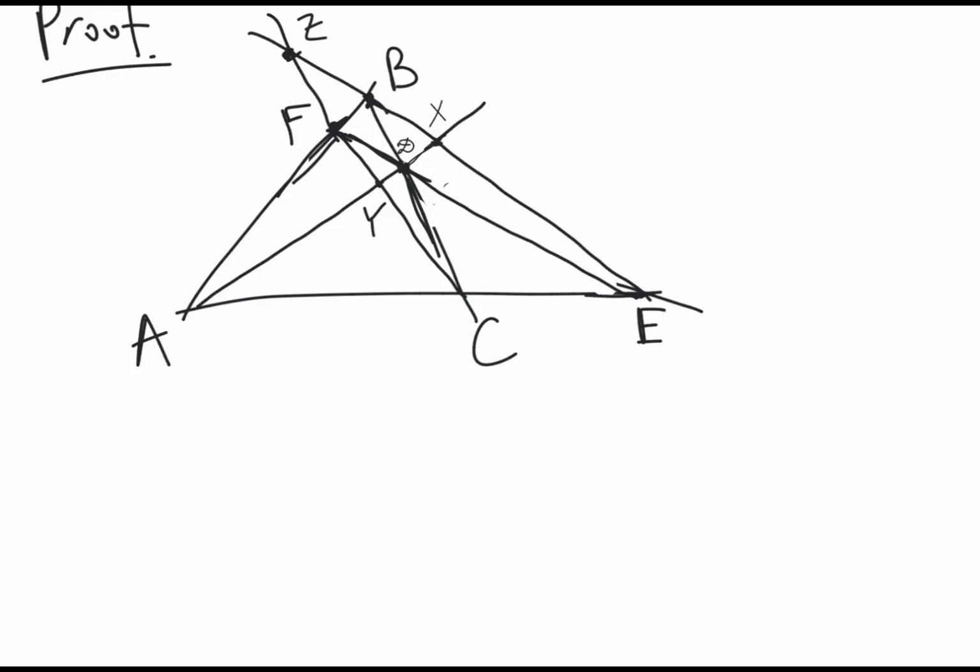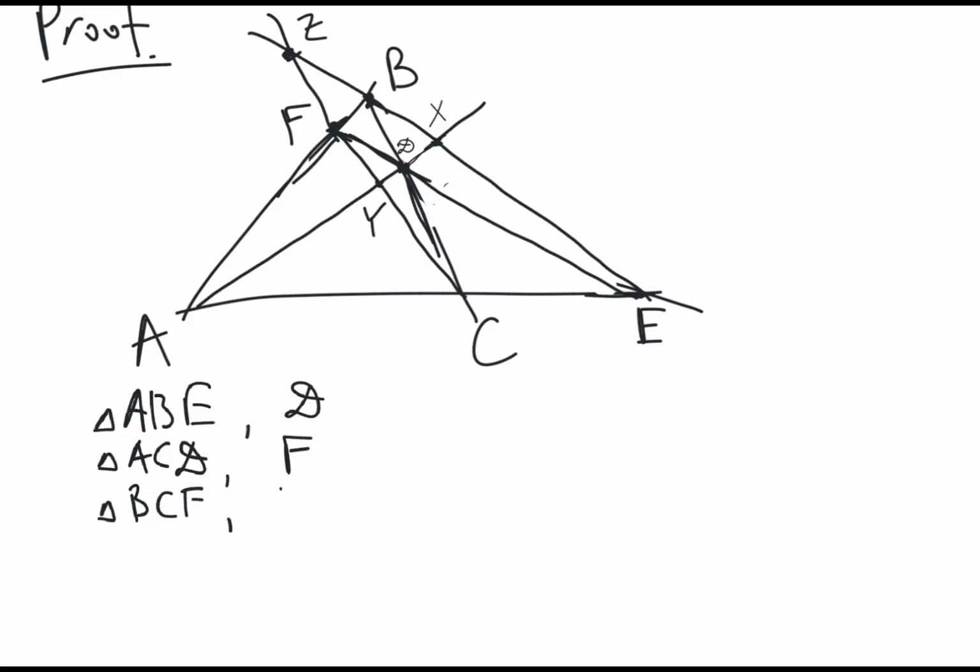So the triangle ABE and the intersection point D. The triangle ACD and the intersection point F. The triangle BCF and the intersection point E. The triangle BDE and the intersection point C, and the triangle CEF and the intersection point B.